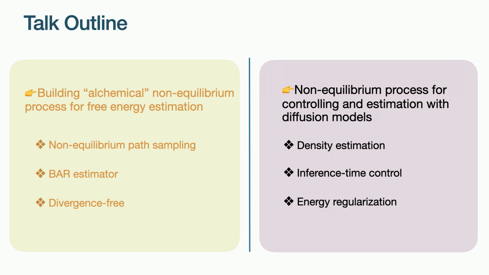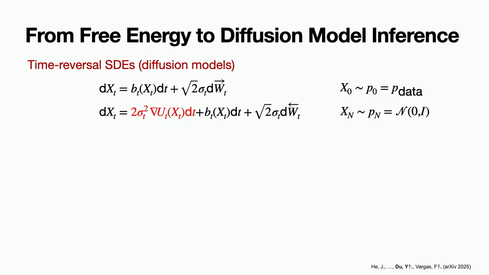All right, so I'll move to the little part. The same ideas of this non-equilibrium process can help us control estimation better with diffusion models. So now I want to, again, write the diffusion model as a time reversal. I have a forward process where the control is fixed, and I'm shifting things a little bit because in a diffusion model you only have, let's say, an OU process as your forward process, and the backward process is where you learn the score.